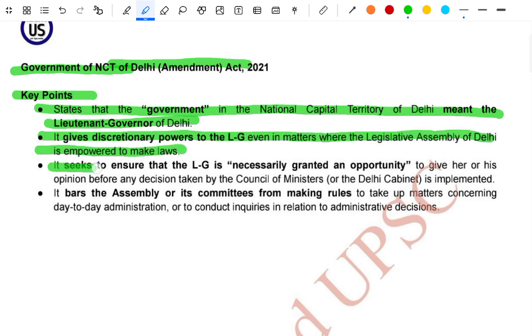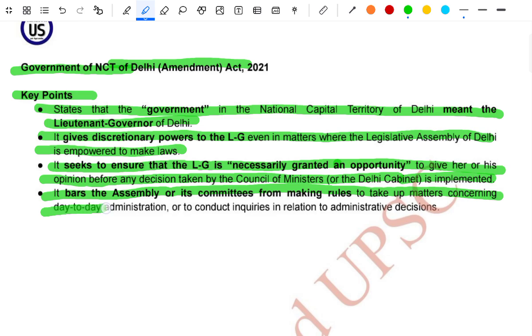It seeks to ensure that the LG is necessarily granted an opportunity to give their opinion before any decision is taken by the Council of Ministers and the Delhi cabinet. It bars the Assembly and its committees from making rules to take up matters concerning day-to-day administration or conduct of administrative decisions.